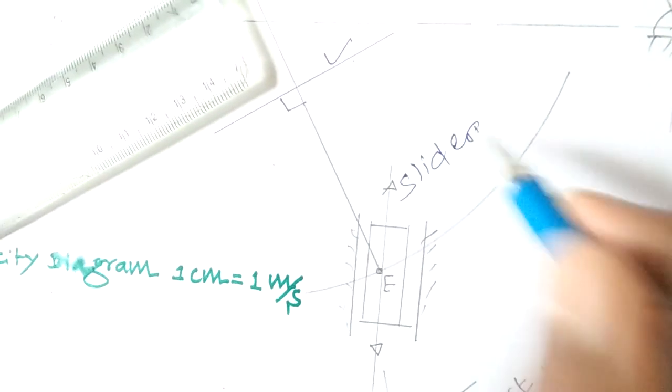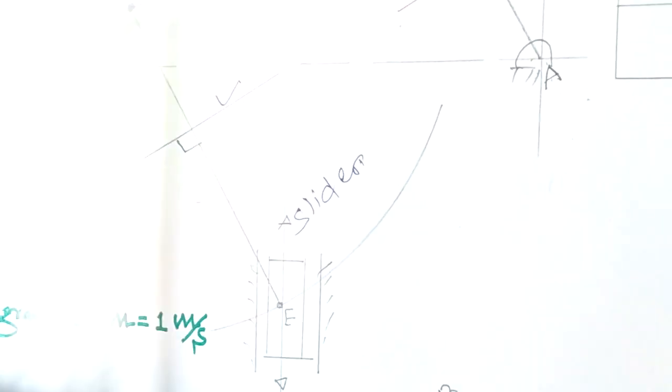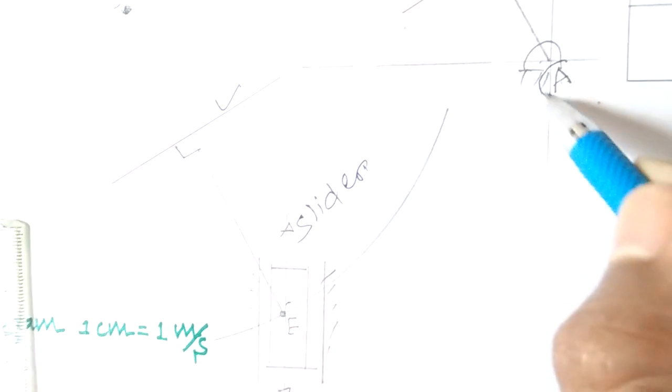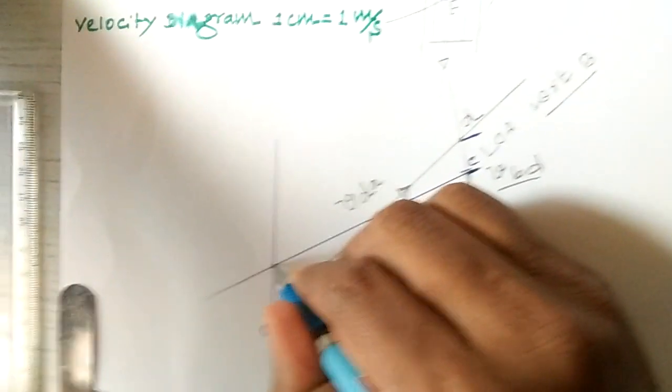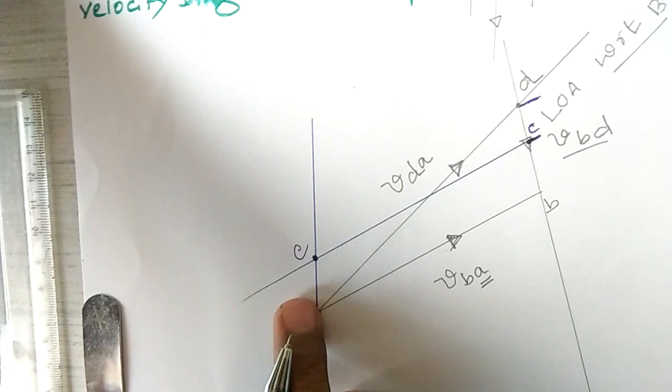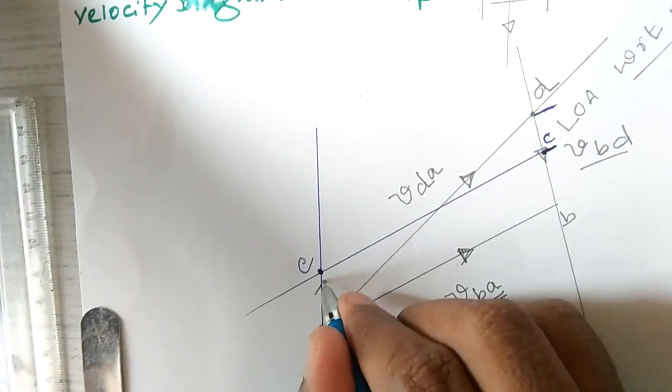You have to go for the slider. The direction of the slider is exactly the vertical direction, with respect to the fixed point A. I draw this one. This is a new point, the E point. Then you mark it.